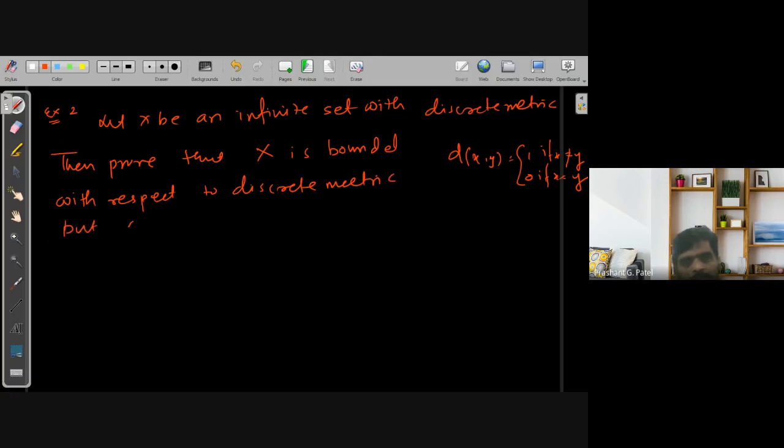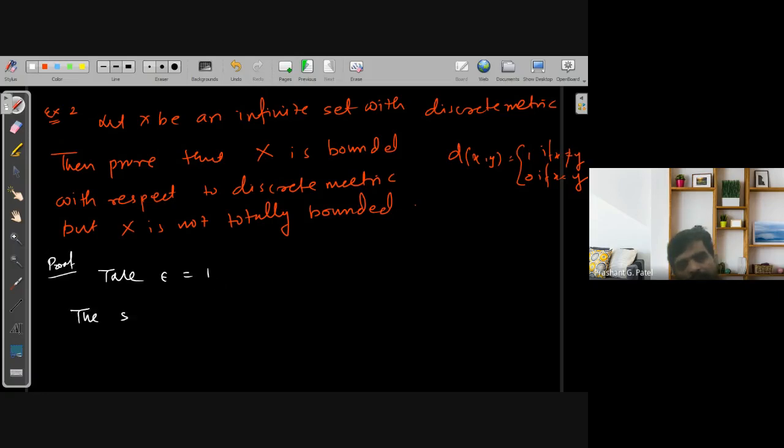But X is not totally bounded with this metric. Again with the same argument we did earlier, let us take epsilon as 1.